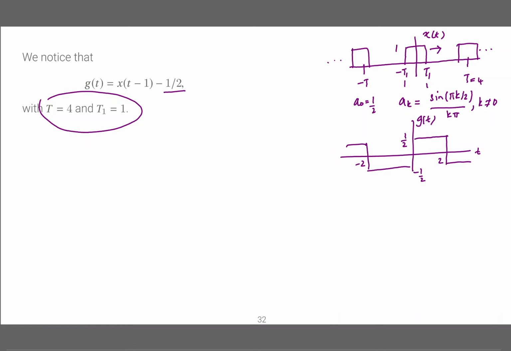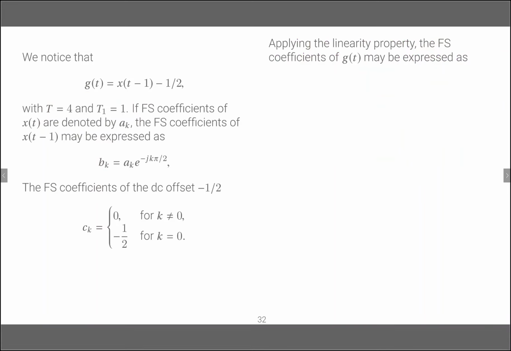So there you go. Now we have the relationship. Now we can use this and the knowledge about Fourier series properties to find the Fourier series coefficients of gt.